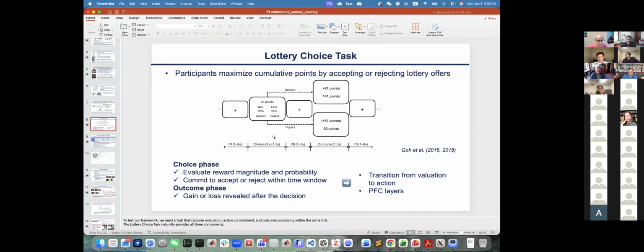Right, because it seems like there's a decision making, there's an evaluation period, and then the decision's made. Yes. It seems like there's two separate processes there. Yes. Ideally, it would be better to separate the choice evaluation from choice selection.